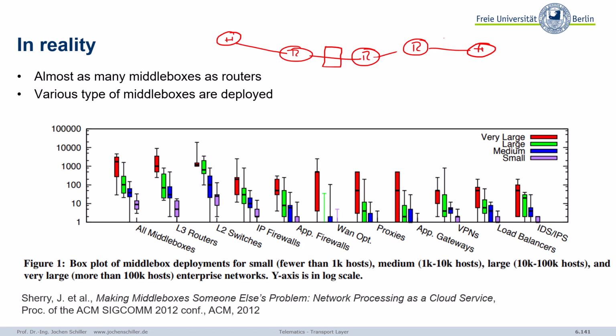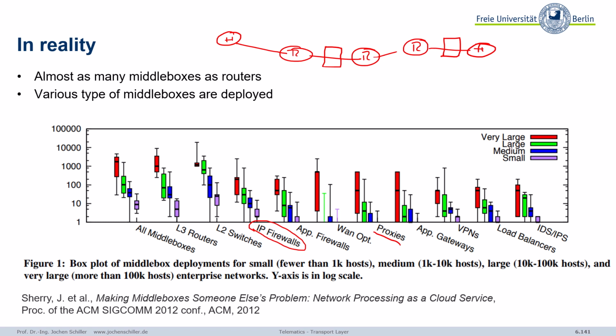Boxes in many different places, like, for example, firewalls. Firewalls looking into something on layer 3, but also on the application layers. We have proxies, different gateways. We have load balancers, VPN systems for private networks.